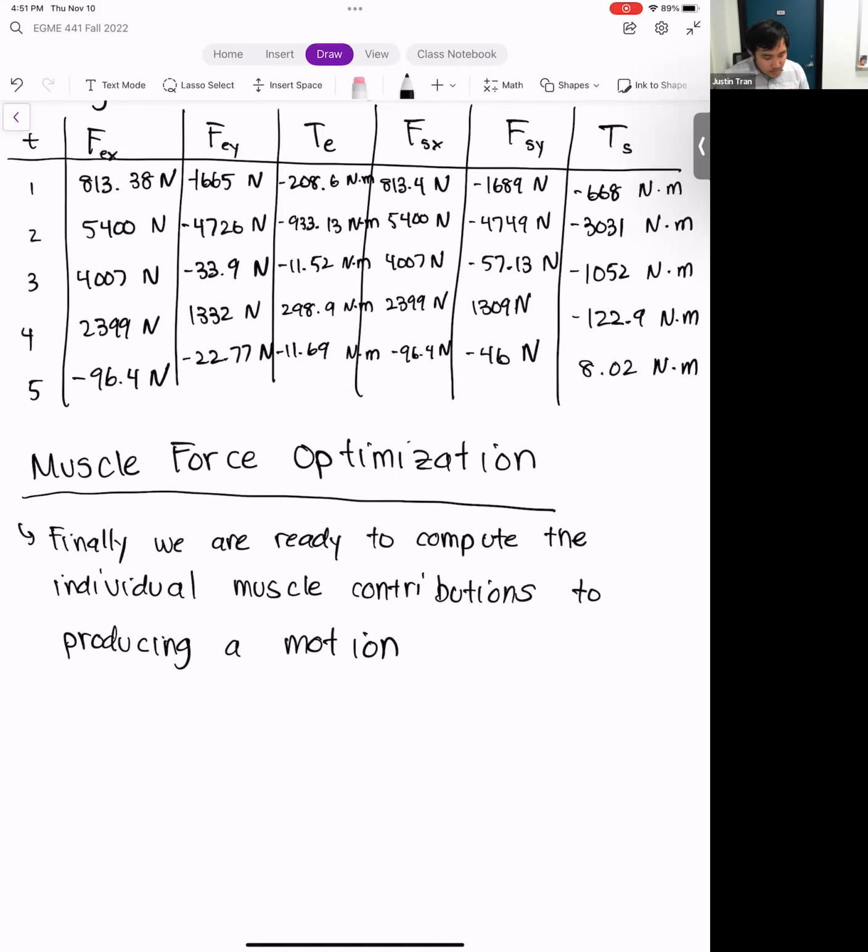The problem is, this part right here is very, very complicated.